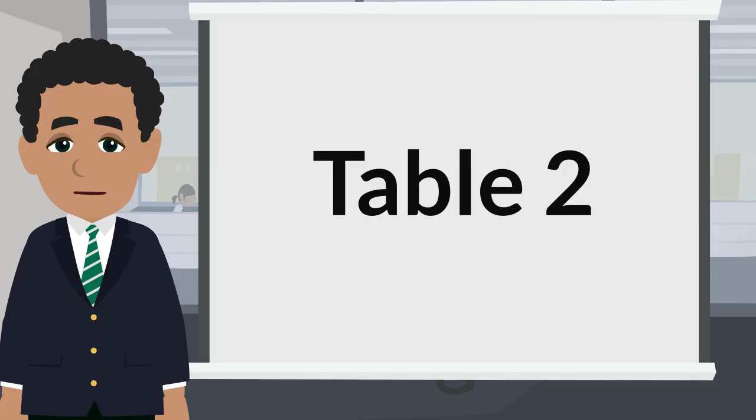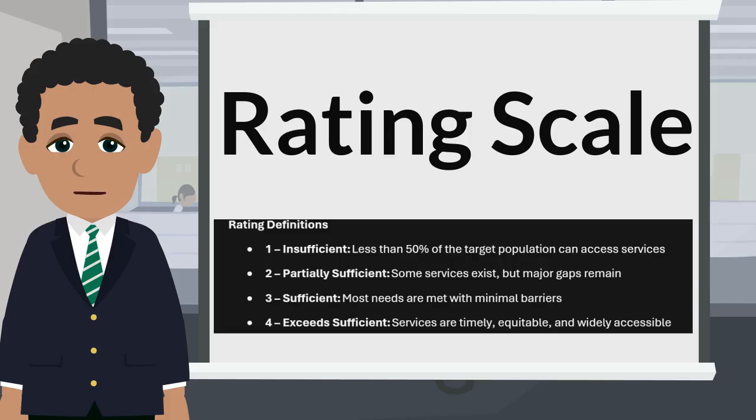In Table 2, you will rate existing assets and resources using a 4-point scale. Rating definitions: 1. Insufficient. Less than 50% of the target population can access services. 2. Partially sufficient. Some services exist, but major gaps remain. 3. Sufficient. Most needs are met with minimal barriers. 4.